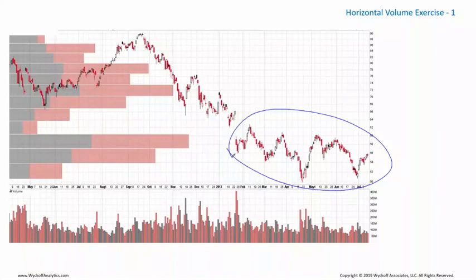Okay. All right, great. The majority of you are thinking that this is an accumulation. There are a couple of distributional or redistributional patterns. So let's quickly go through this.